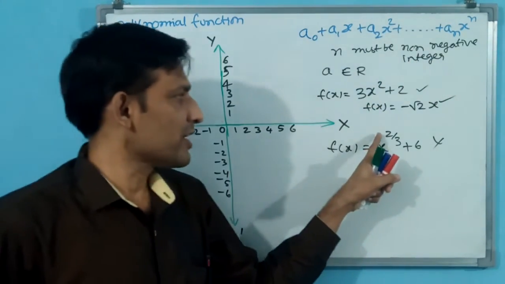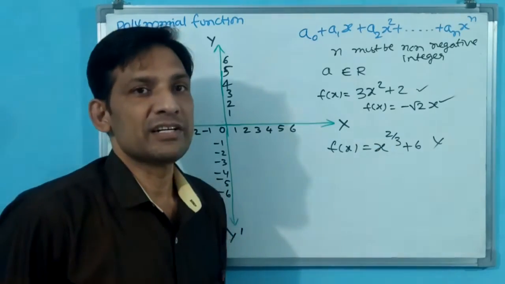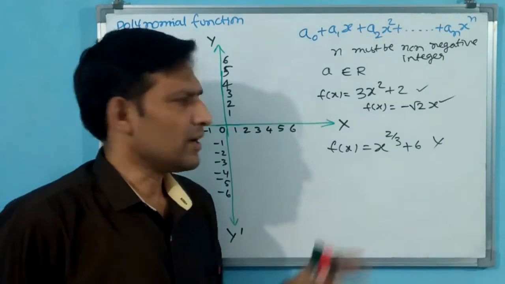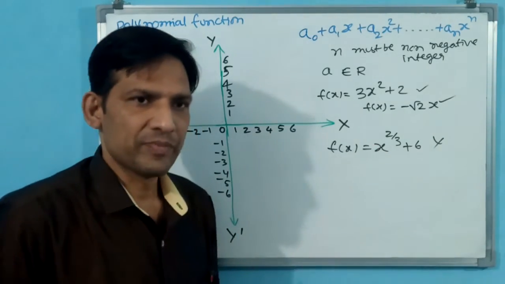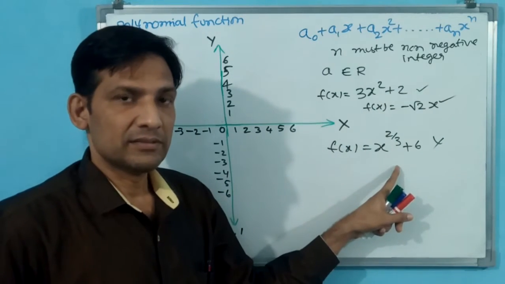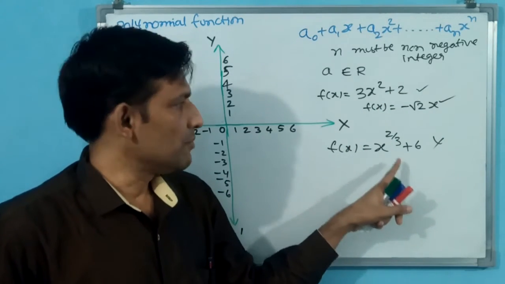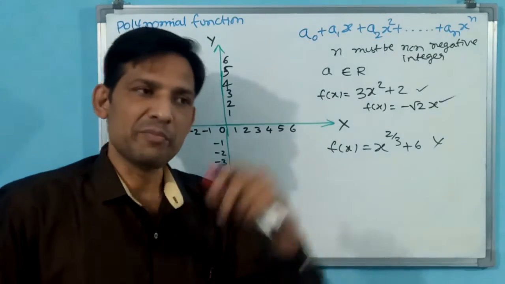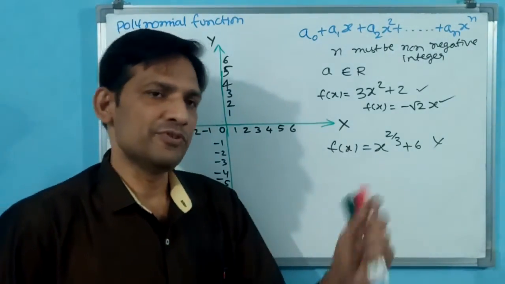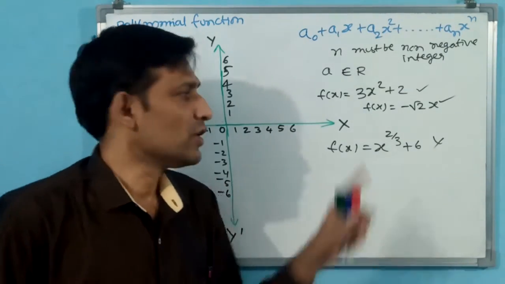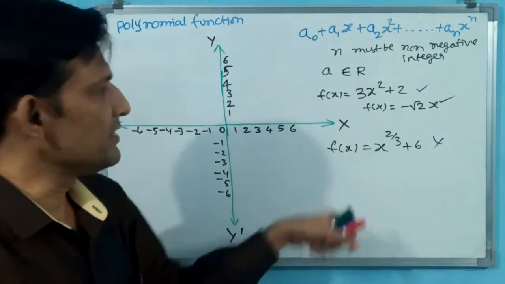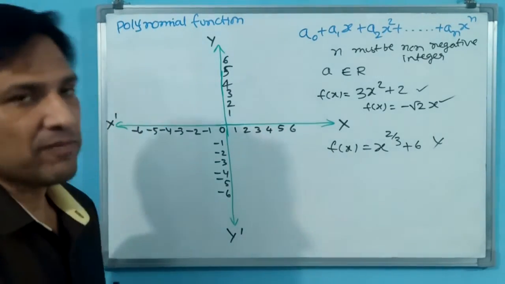Here it is non-negative, but it is not an integer, it is a rational number. Whether rational or irrational, it is not a non-negative integer. Integer means whole figures: it may be negative, 0, or positive. Values like 2/3 or 1.6 should not come. That is why this is not a polynomial function.